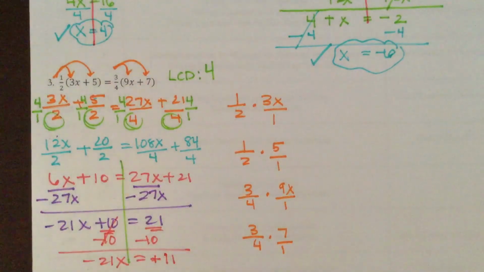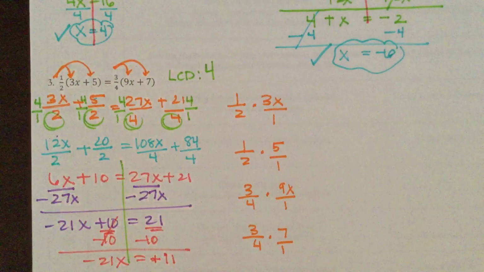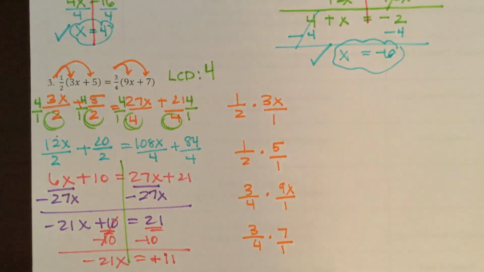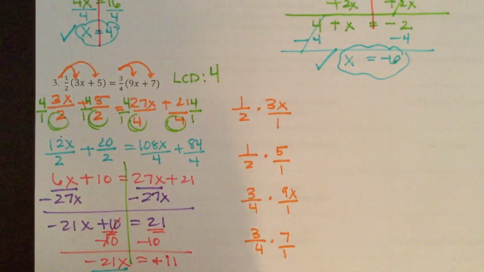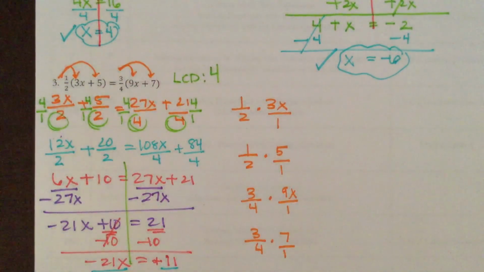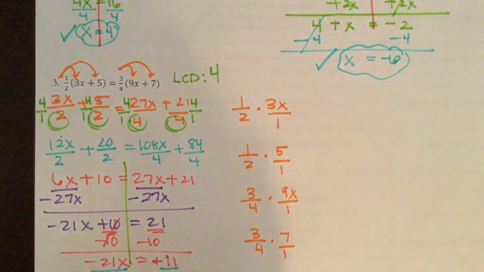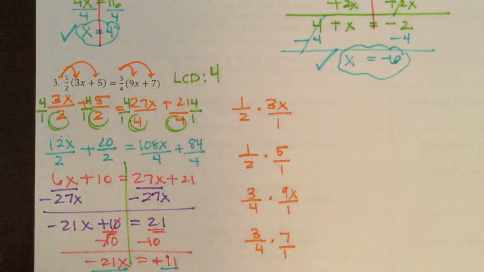And our last step is to divide 11 by negative 21. So x is equal to 11 over negative 21, and because that fraction does not reduce, we're going to leave it as negative 11 over positive 21. And of course, your final step there is that you would want to check.